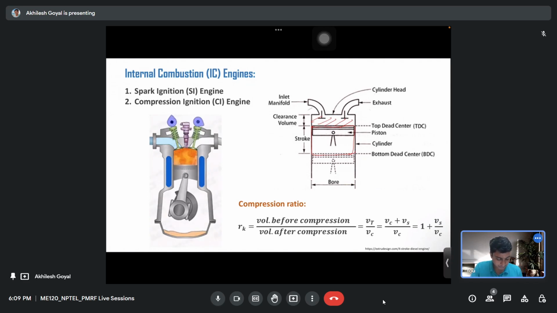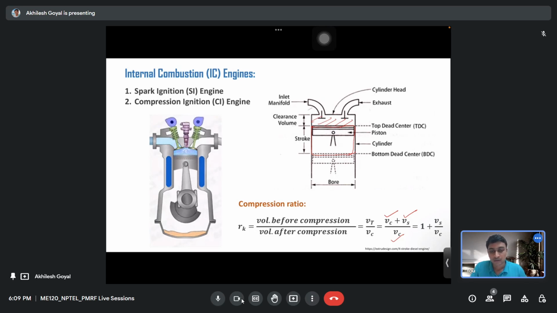So the total volume before compression is Vc plus Vs, where Vc is the clearance volume and Vs is the swept volume, divided by the volume after compression. After compression, the only remaining volume is the clearance volume, and the swept volume Vs is covered by the piston. So this comes as 1 plus Vs by Vc, and that is how we define the compression ratio.